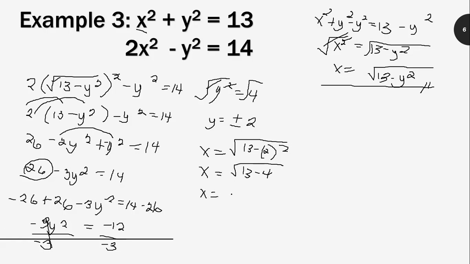X is equal to 13 minus 4 is 9. Square root of 9, we have positive and negative 3. So the solution would be x is positive 3 and y positive 2, negative 3 and positive 2.